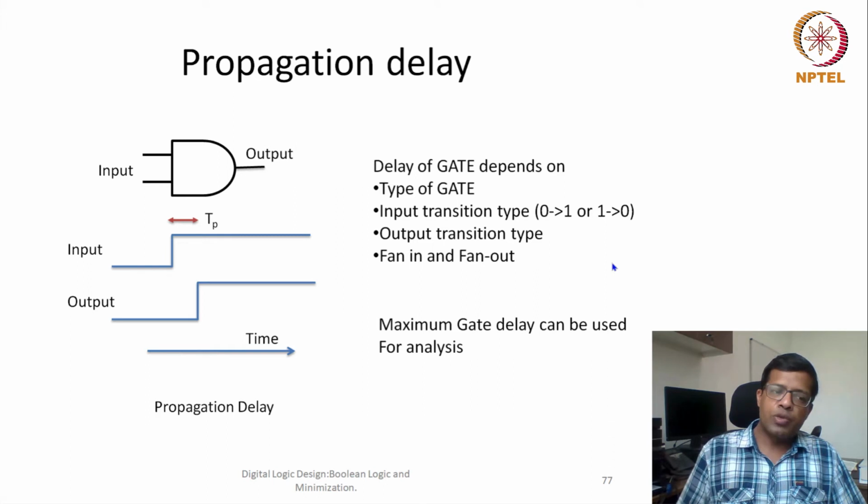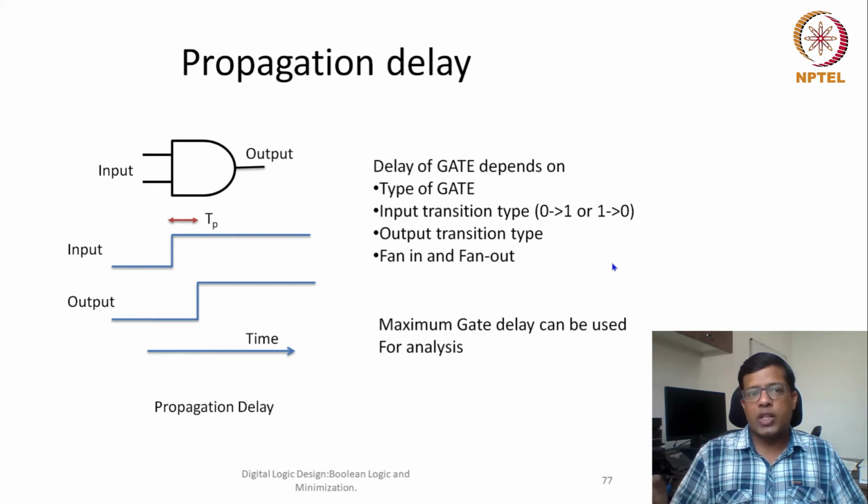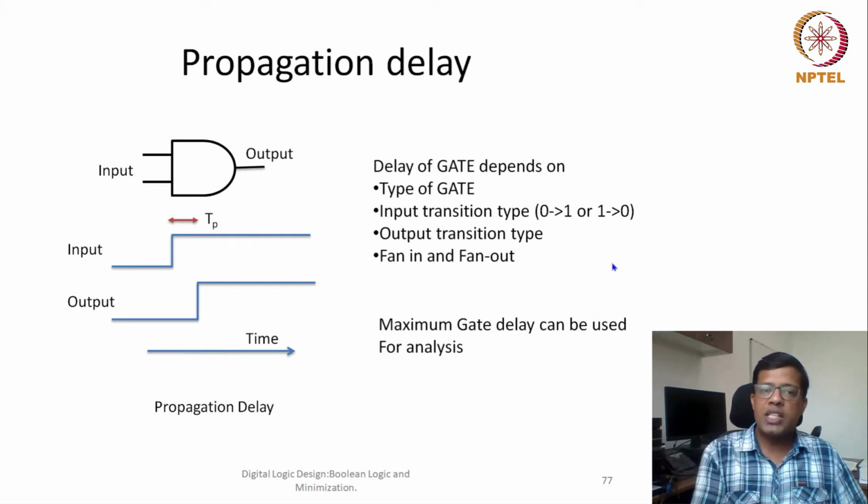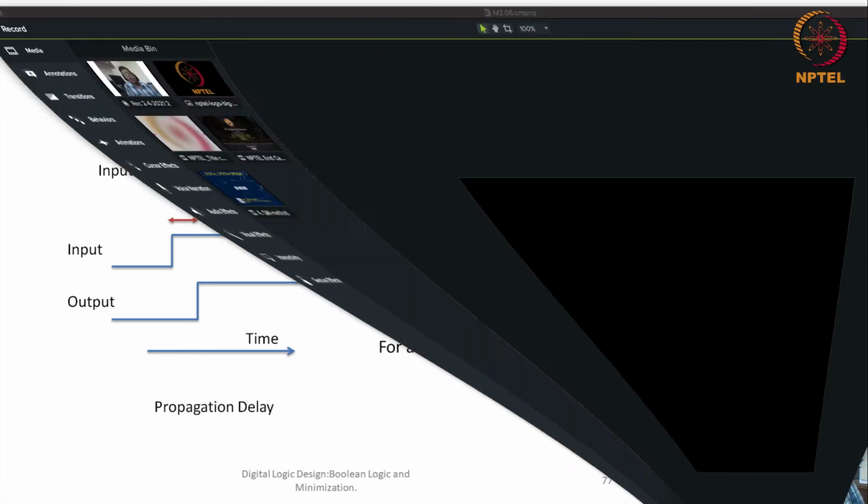We can say a 2-input AND gate has so much delay, a 3-input AND gate has so much delay. These things help us simplify matters. Otherwise, logic-level estimation or optimization would be much more difficult.